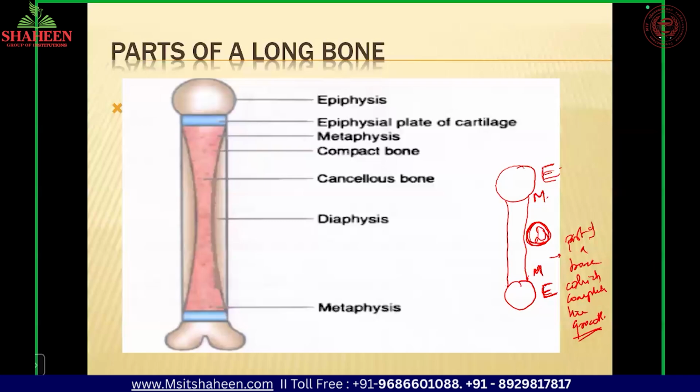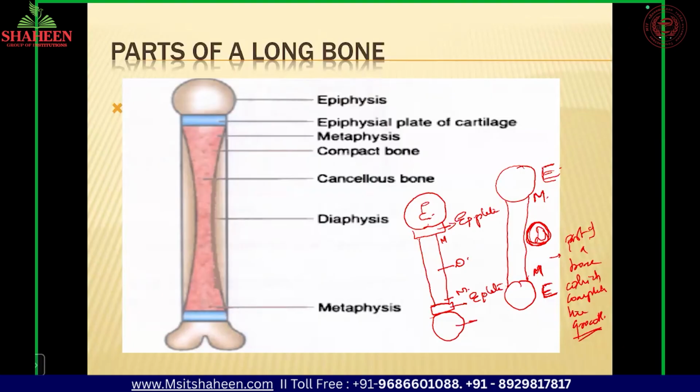Otherwise, if the growth is not completed, then something else will be present. This is the epiphysis, this is the metaphysis, and this is the epiphyseal plate. And this is the diaphysis, this is the metaphysis, this is also the epiphyseal plate, and this is the epiphysis. So one extra part is present, that is the epiphyseal plate.